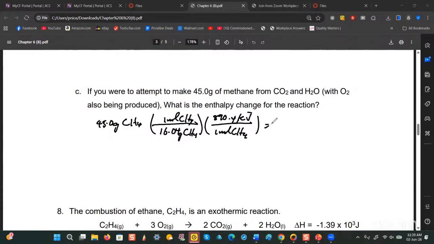And that's it. So 45 divided by 16 times 890.4. And again, you have to round off to 3 sig figs, which according to my calculation would be equal to 2.50 times 10 to the 3 kilojoules. And that's how you do that. All right. Okay, any questions about this one? Any questions? All right, let me clear this here.